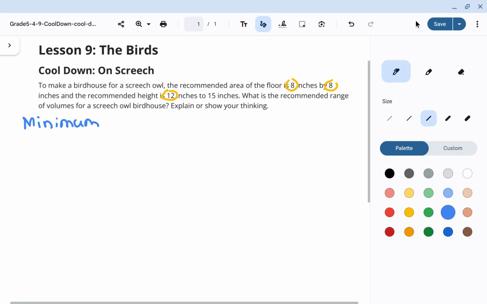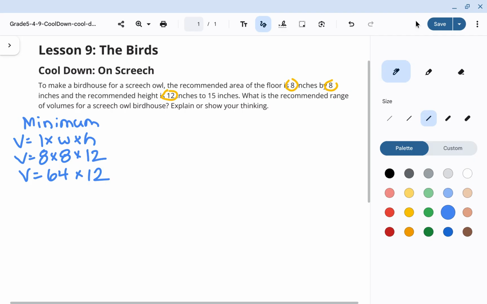So that means that I'm going to have a volume, remember volume equals length times width times height. So my volume here at minimum is going to be 8 times 8, and then that minimum height is going to be 12. Now, I know that 8 times 8 is 64, so what I need to do here is find what is 64 times 12.